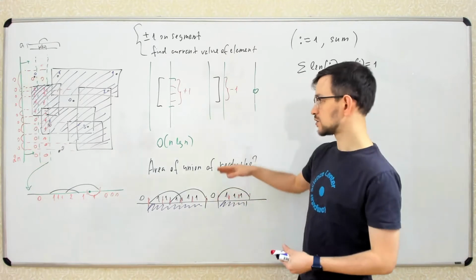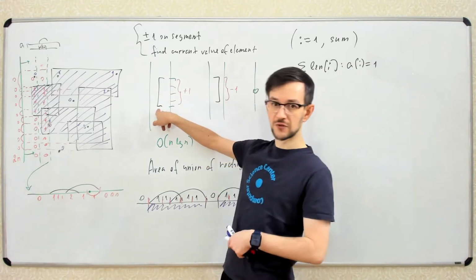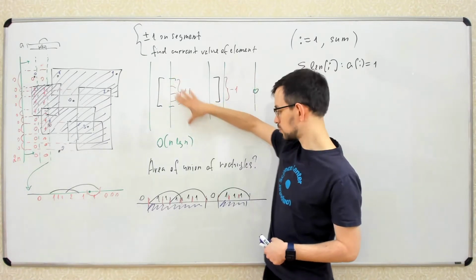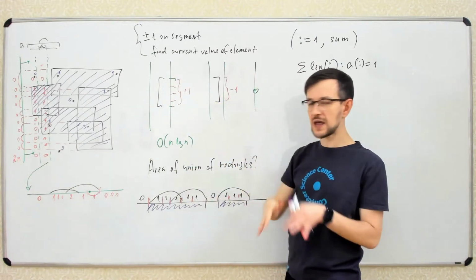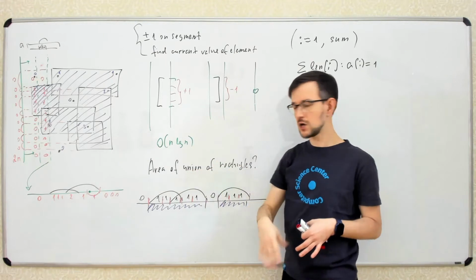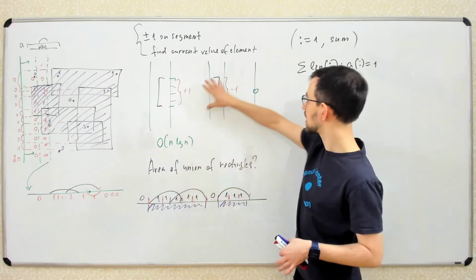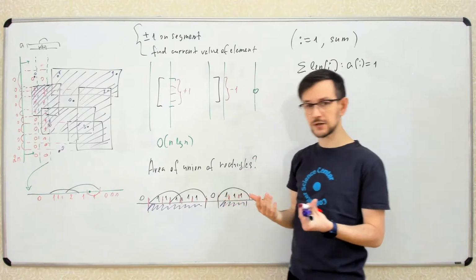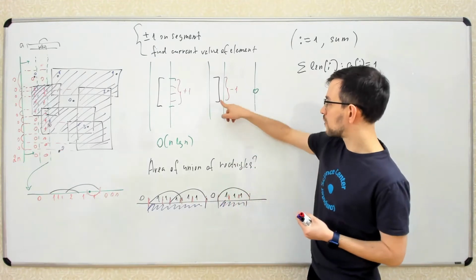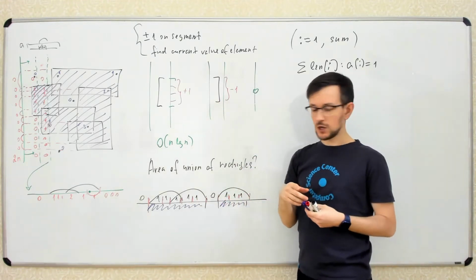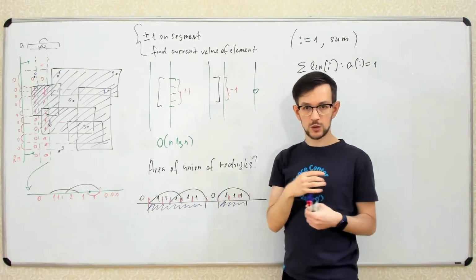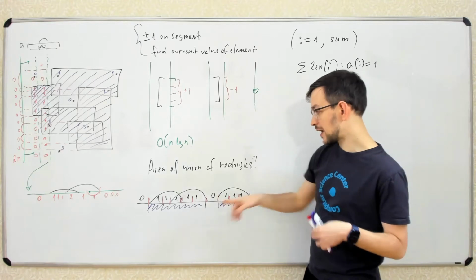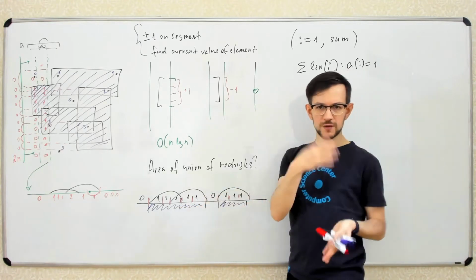If you find the left border of some segment, you just assign one to this segment. You just add another segment to this picture. You need to assign one to all elements of this segment, and so on. But when you find the right border of the segment, you need to remove the segment. And when you remove the segment, some elements should become 1 and some elements should become 0.